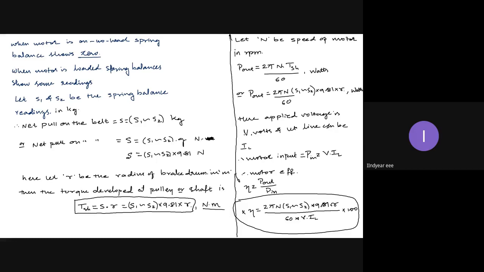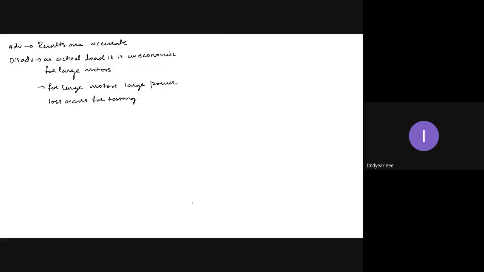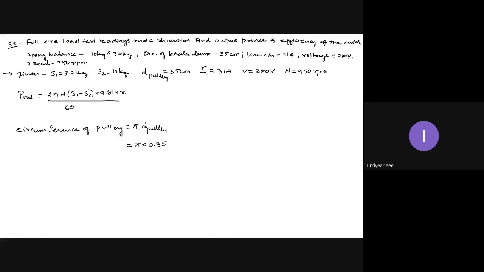If I take the diameter in centimeters, then my circumference will be in centimeters, and again I have to convert it into meters. So with diameter of the pulley 0.35 meters, we get 1.09 meters.